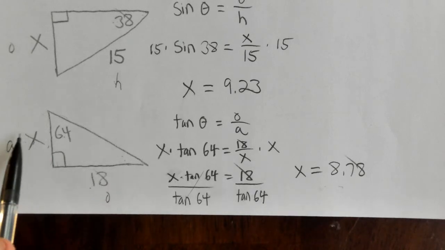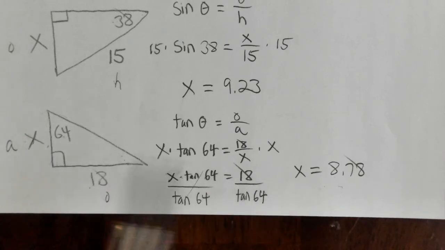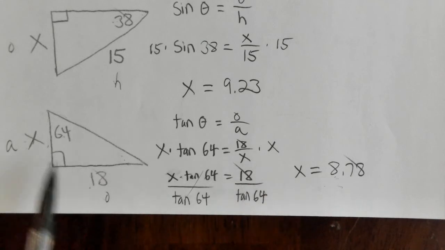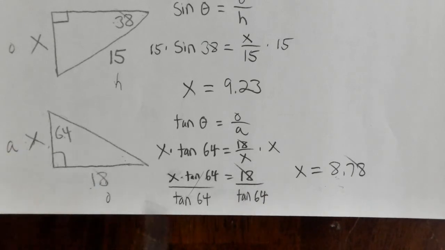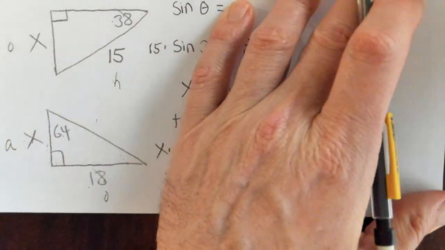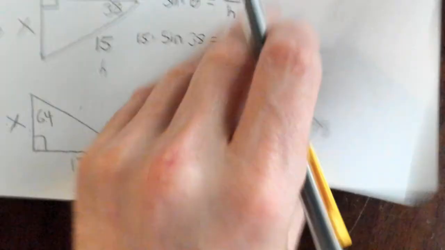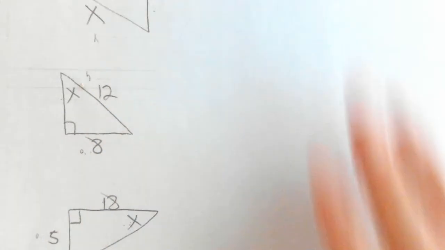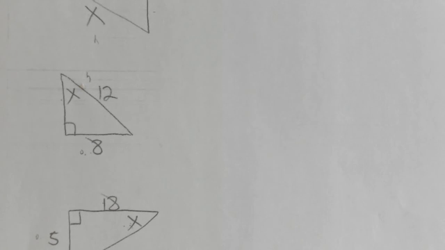If I got an answer of 24.66, I would know it would have to be wrong because this is the shorter side. It's got to be less than 18. And neither one of these can be bigger than the hypotenuse. So those are some little cues you can look at to ask, does my answer at least make sense? All right.